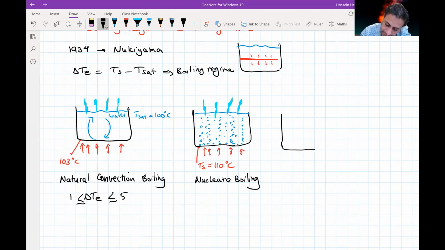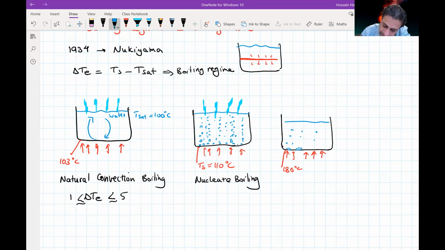The third one is if we further increase the temperature, so let's say the temperature is now 180 degrees C. Then we observe formation of a lot bigger bubbles at the surface.